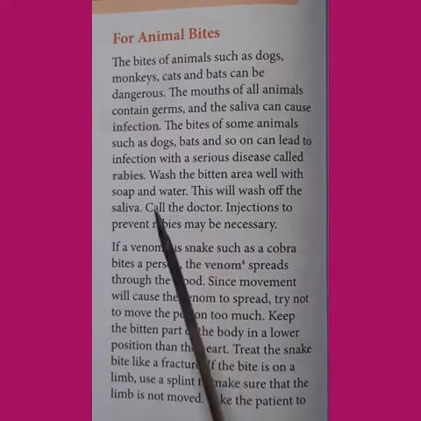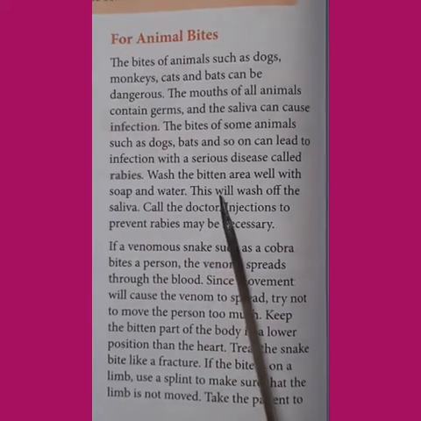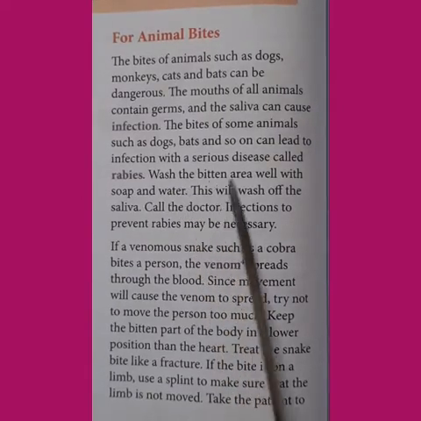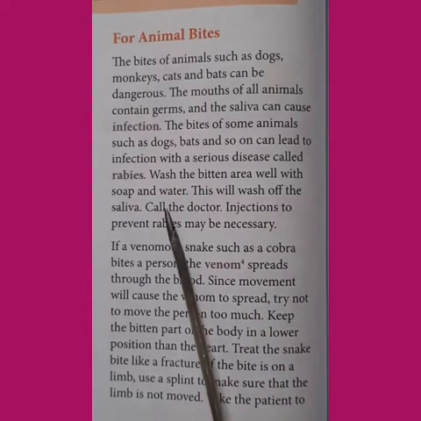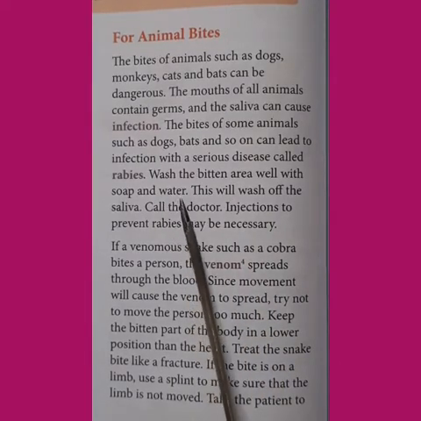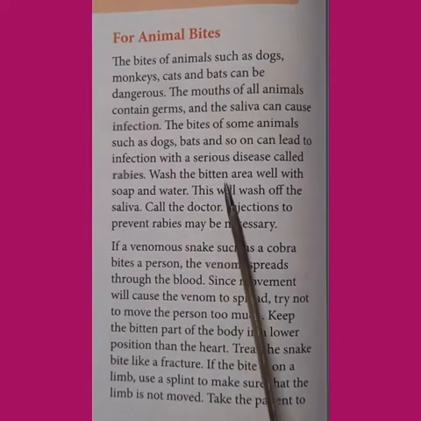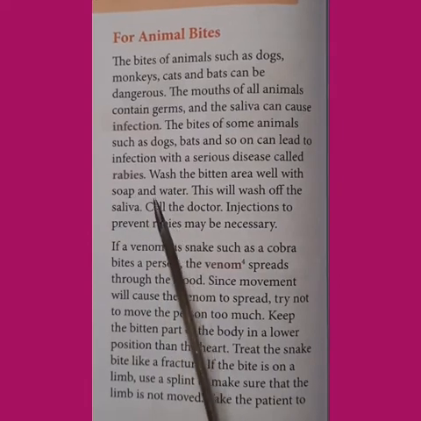So what do we have to do? How can the first aid be given? We have to wash the bitten area well with soap and water. As soon as some animal bites, we have to wash the bitten area very well with soap and water.